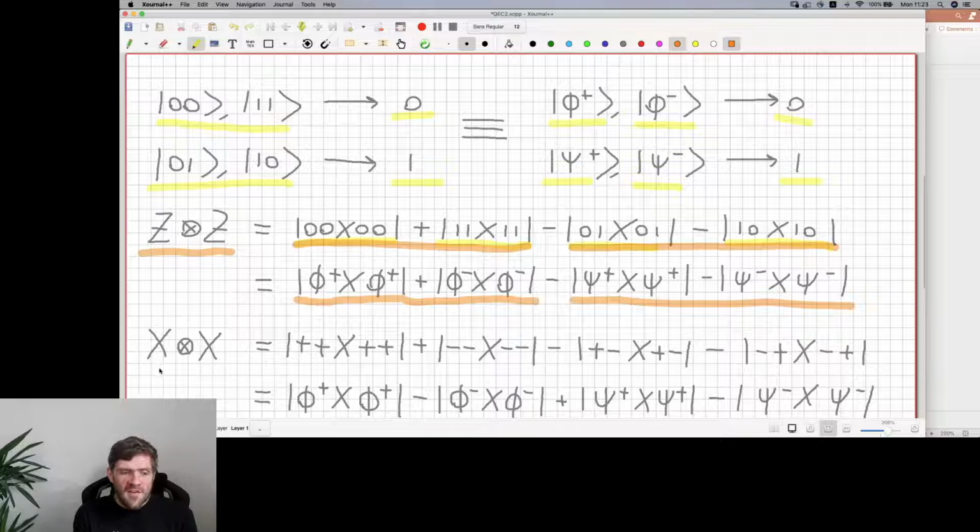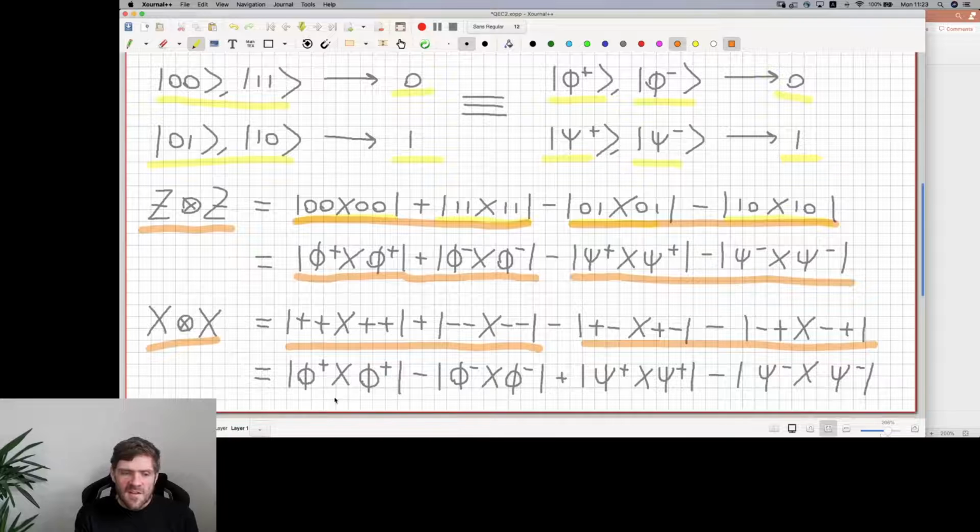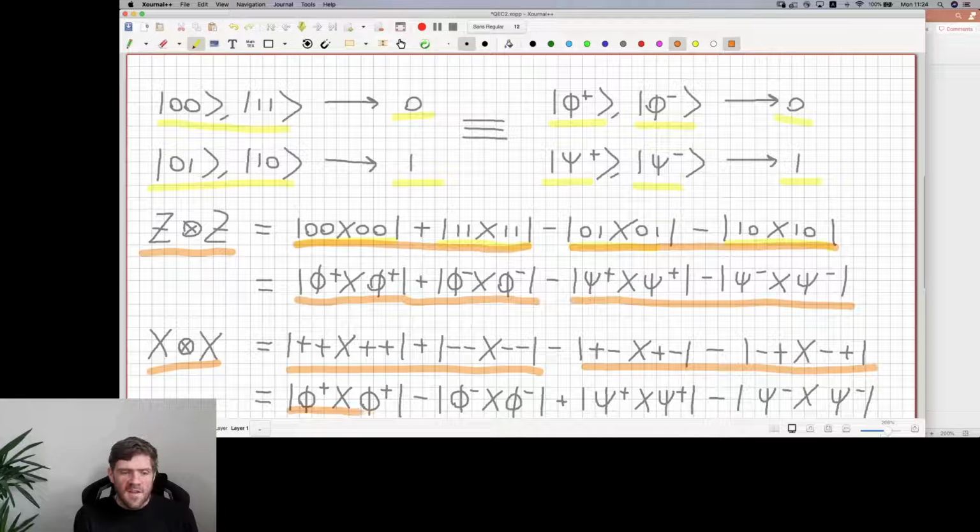Similarly, we can write down an XX measurement, and this is expressed naturally in terms of plus plus and minus minus as the plus 1 eigenspace, plus minus and minus plus as the minus 1 eigenspace. But we can also write this in terms of the Bell basis states. So in this case, phi plus gets the eigenvalue plus 1, as does psi plus. Phi minus gets the eigenvalue minus 1, as does psi minus.